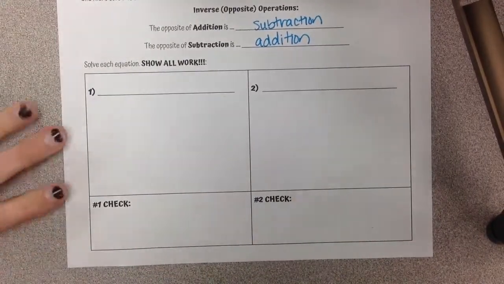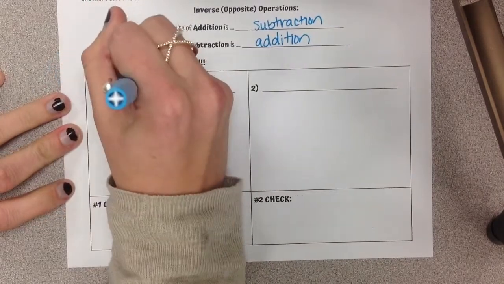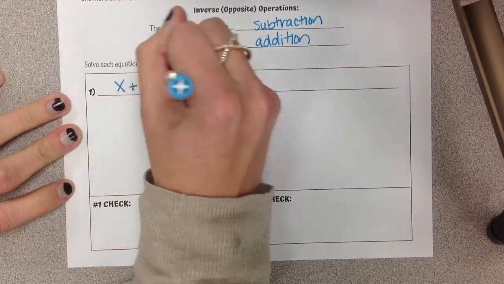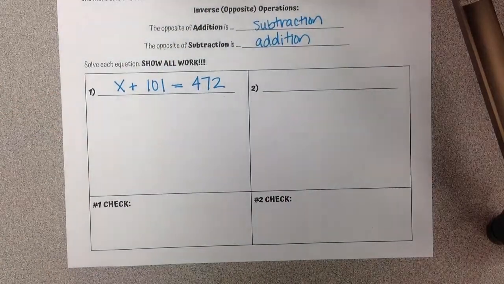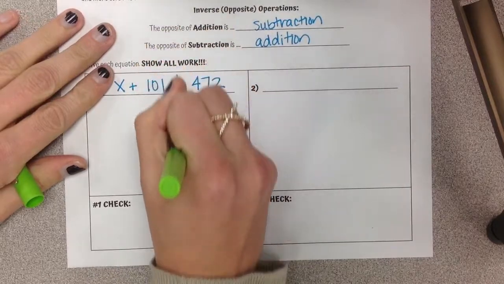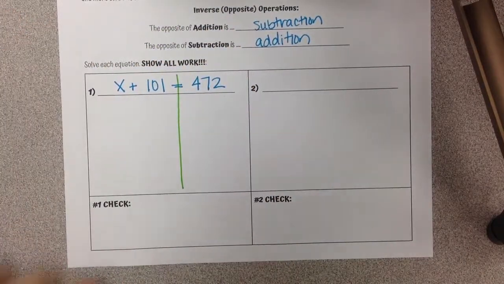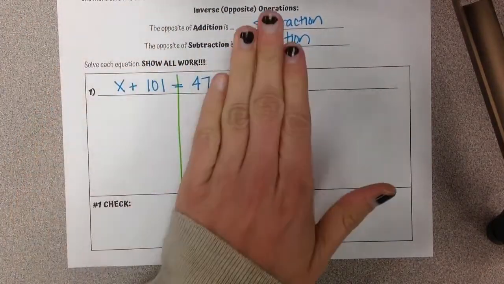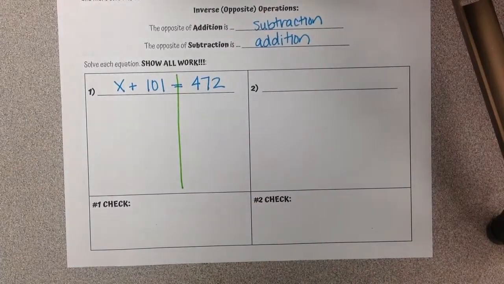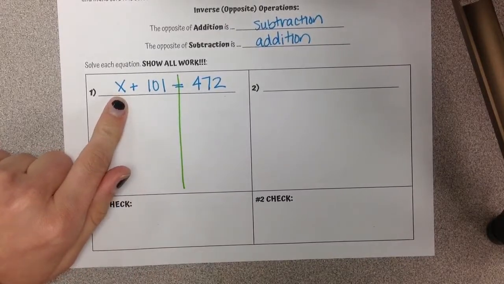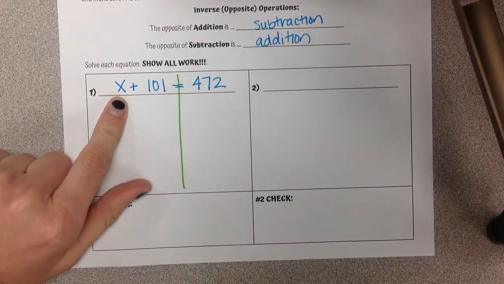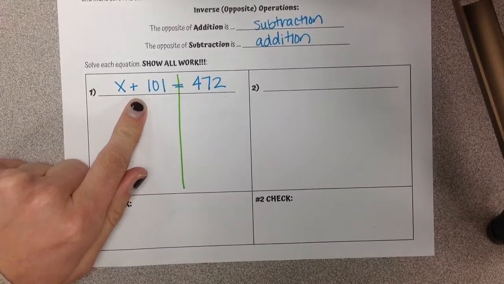Number 1, we've got x plus 101 equals 472. So the first thing that we want you to do is to take that equal sign and draw a line down the middle. That's showing you one side of the equation and the other. Then we're looking for the side of the equation that has the variable. Our variable is on the left side of the equation. And then we're looking at what operation is being done.